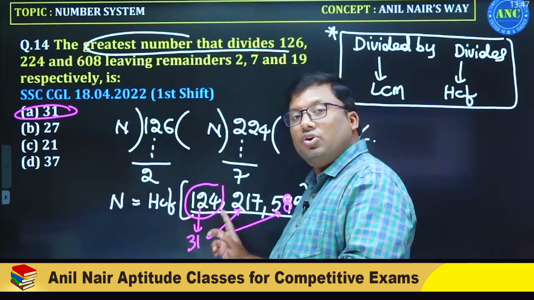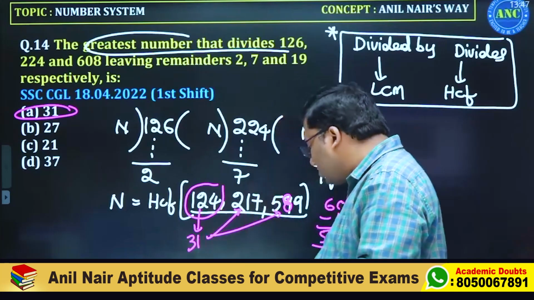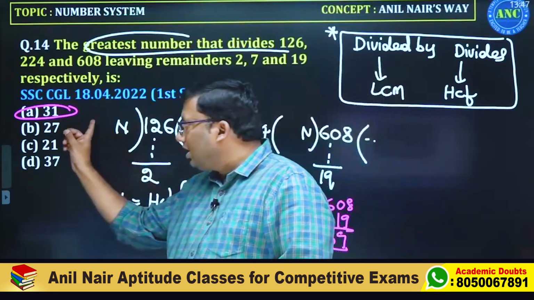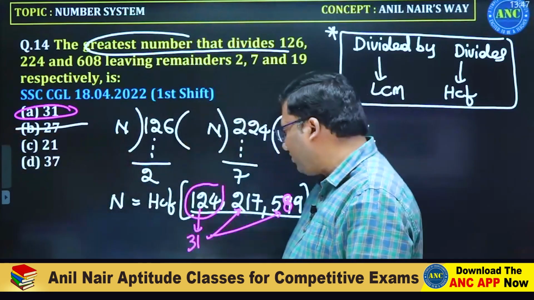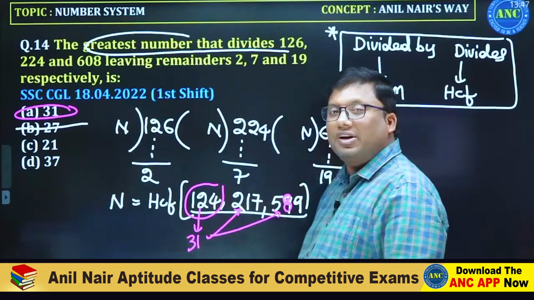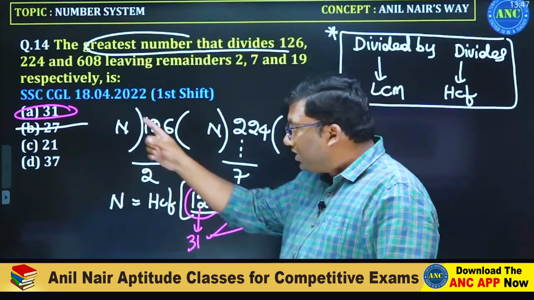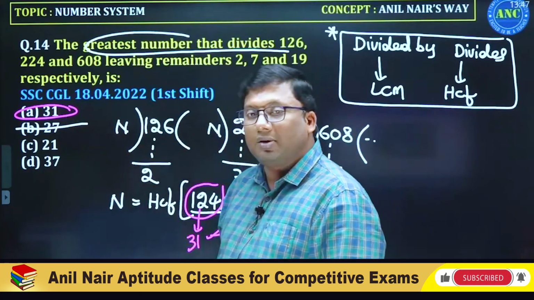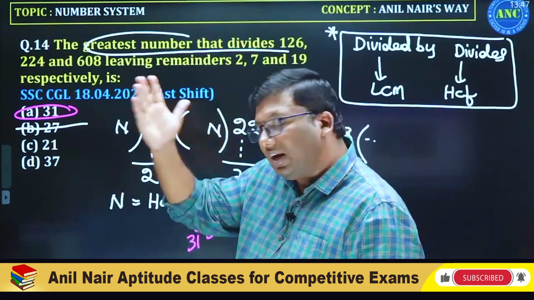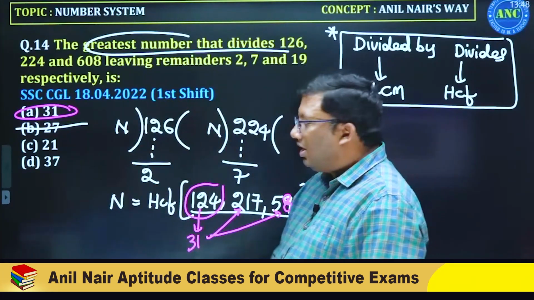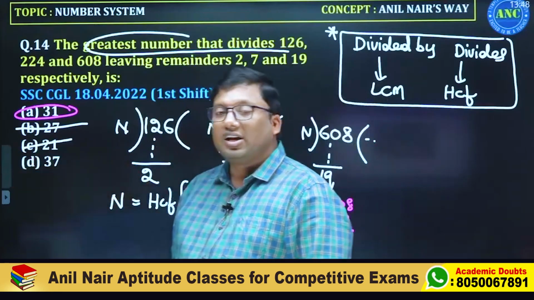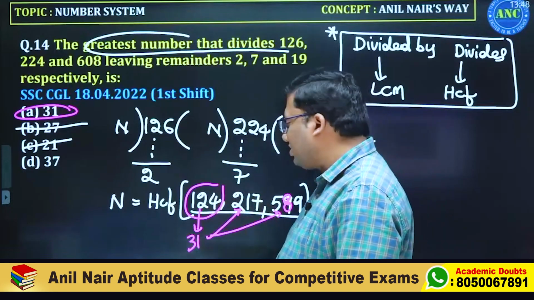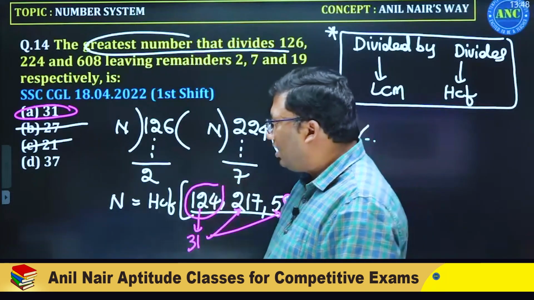You do not need to do all this. You can easily eliminate incorrect answer options. If the answer is divisible by 27, all the numbers should be divisible by 27. If the answer is divisible by 7, every input number will be divisible by 7. 124 is not divisible by 7.